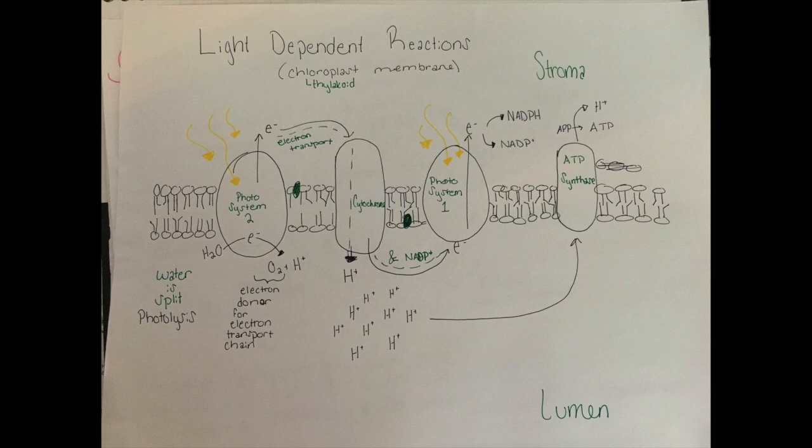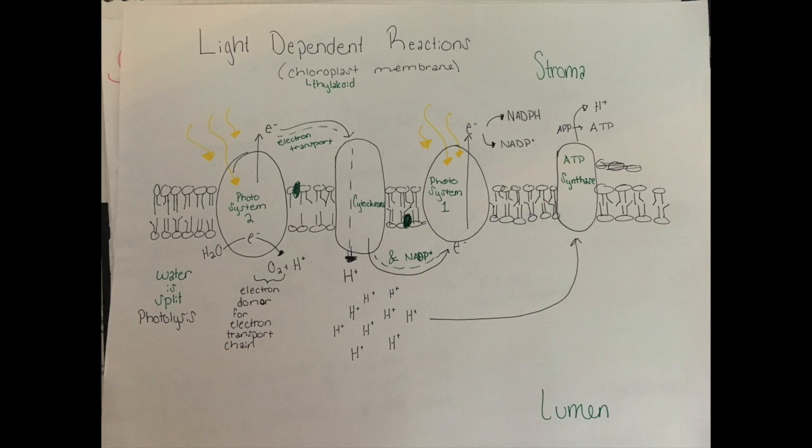The electron that's freed from photosystem 2 goes through an electron transport down to the cytochrome b6f complex, labeled just as a cytochrome. That pumps down the electron along with hydrogens, it's a dual pump, and that electron is then transported through plastocyanin and NADP+ to photosystem 1.